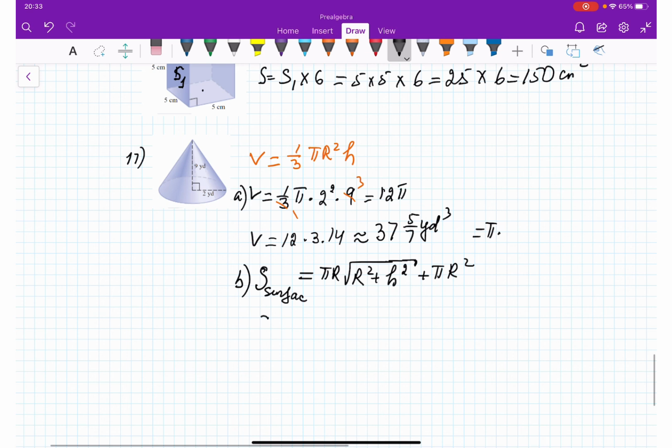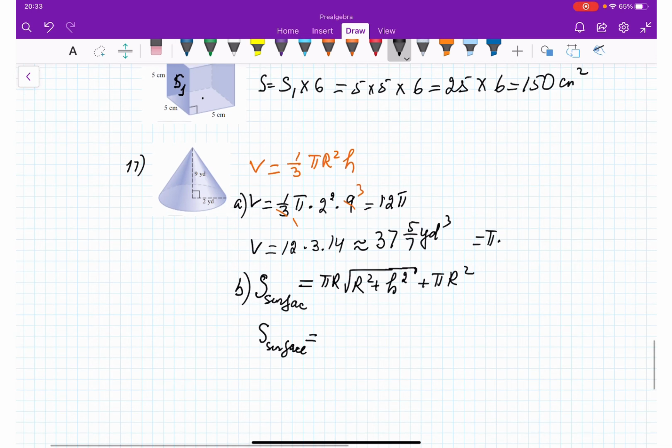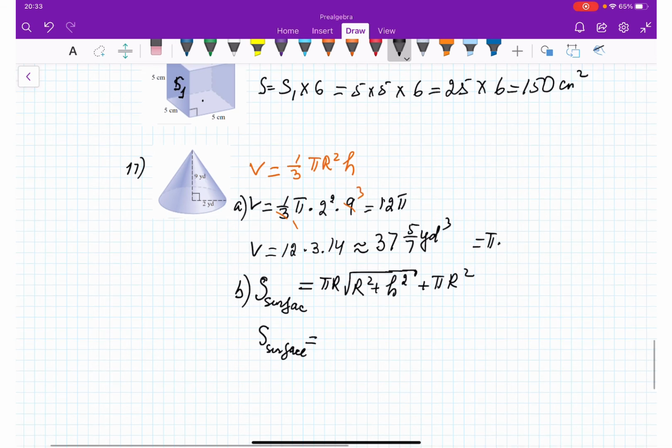Okay, the surface area is equal to pi, r is 2, so it's going to be 2 pi square root of r squared, which is 2 squared, plus 9 squared, plus pi and r squared, which is 2 squared.